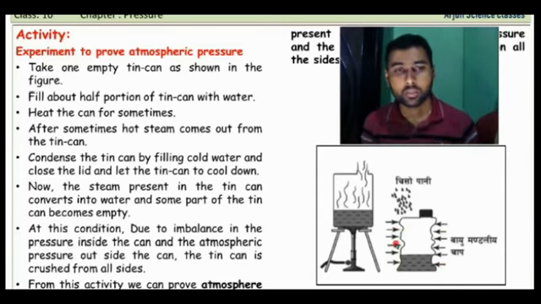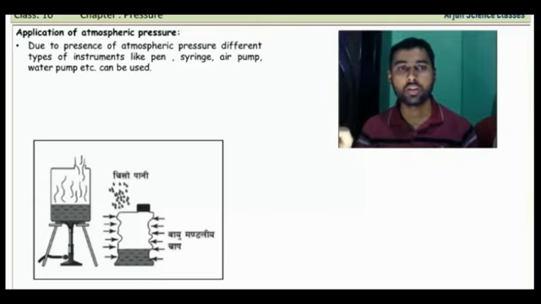Application of atmospheric pressure, uses of atmospheric pressure. Due to the presence of atmospheric pressure, different types of instruments like pen, syringe, air pump, water pump, etc. can be used. The syringe is used in the hospital.